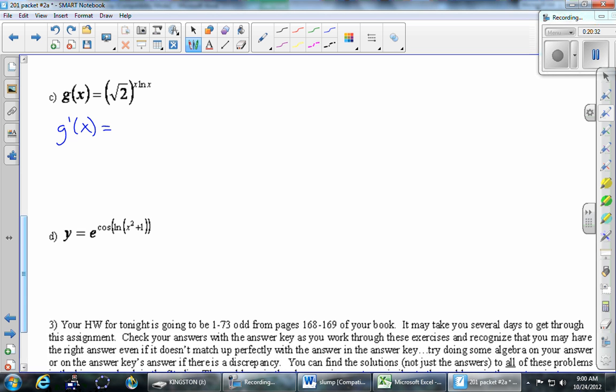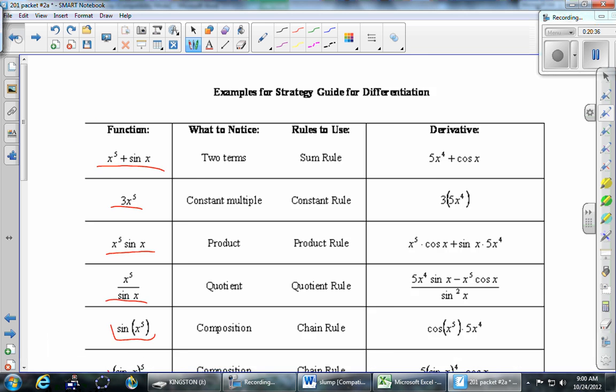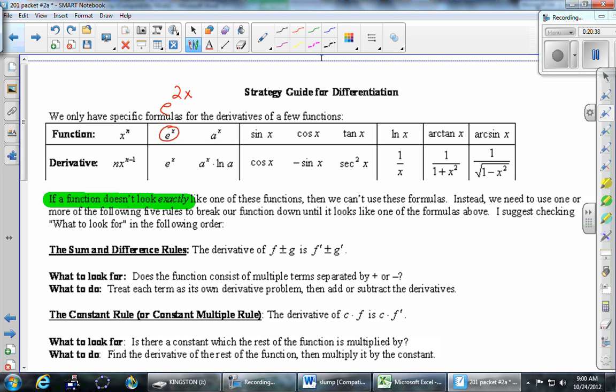Little chart at the top of the page, 2 pages before this one. We're going to try to identify which one of these rules is the basic one that applies, even though it's complicated. But we have a square root of 2 raised to the x ln of x. Can you guys figure out which one is the basic one that applies?